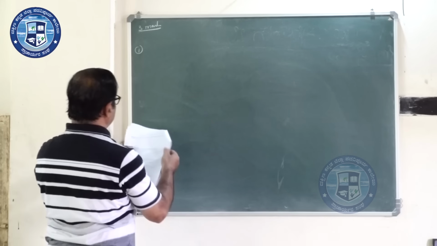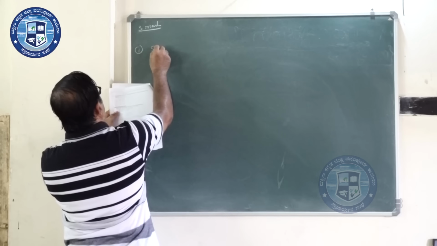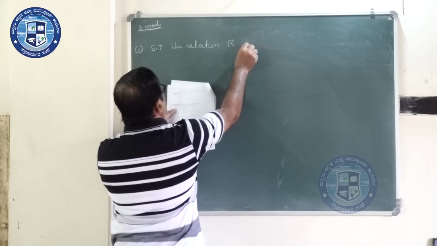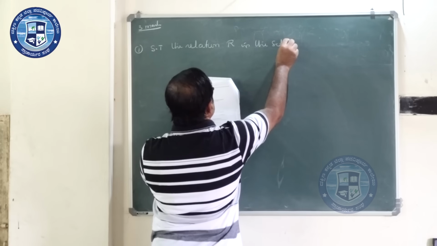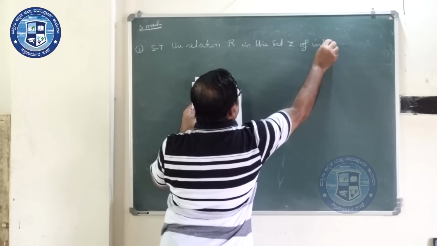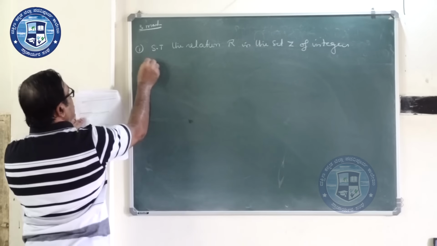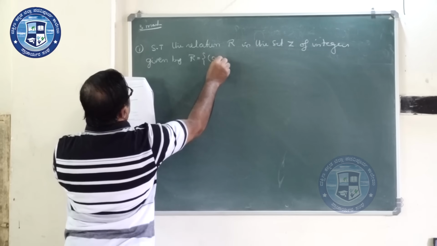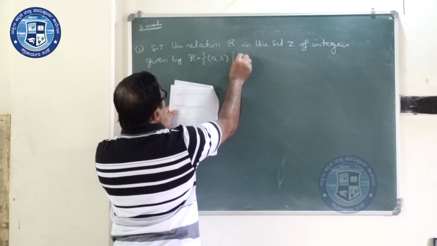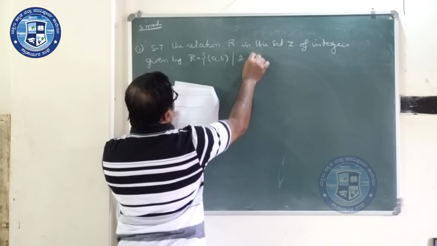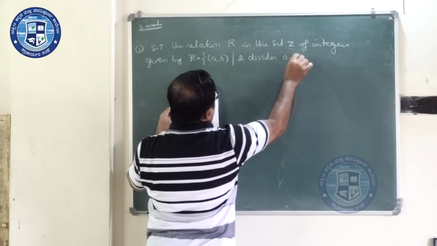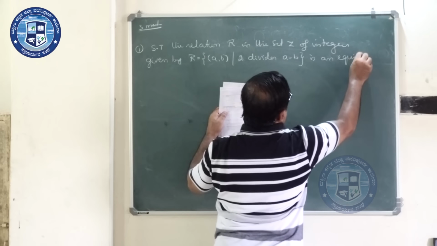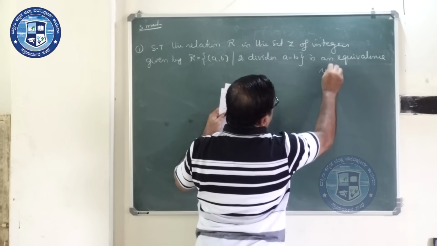Here is a problem: show that the relation R in the set Z of integers given by R equal to the set of all (A, B) such that 2 divides A minus B is an equivalence relation.